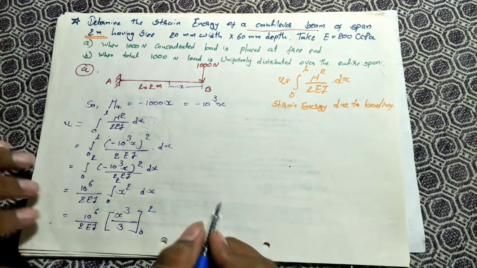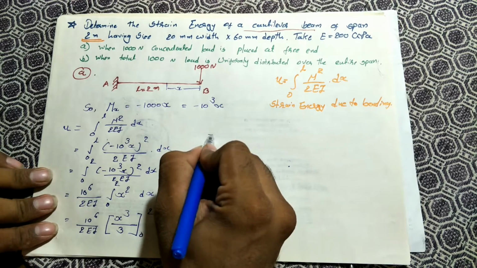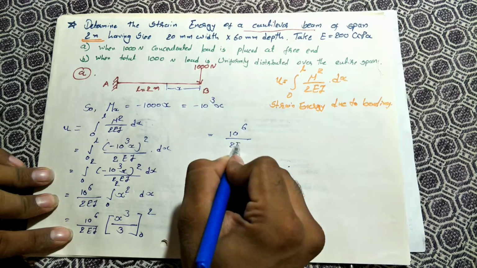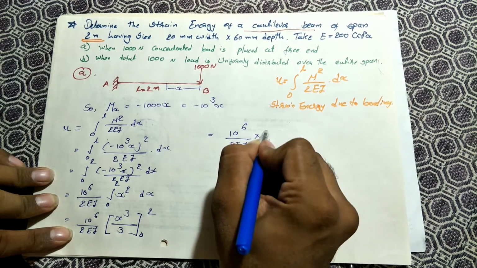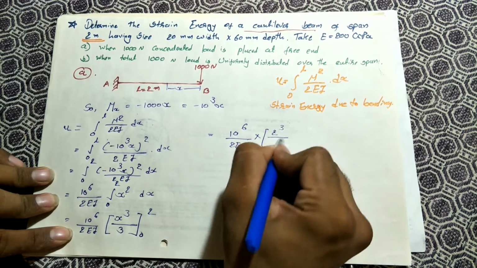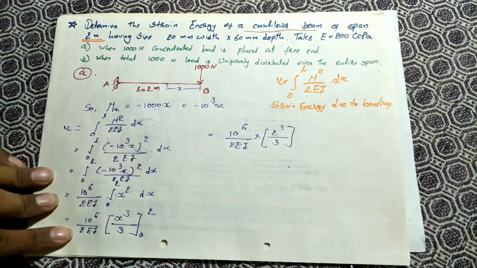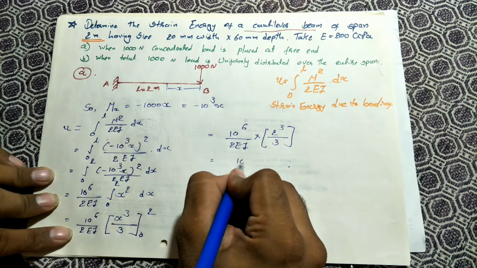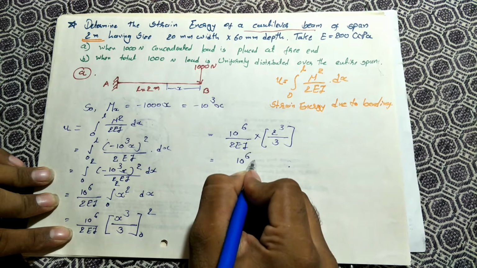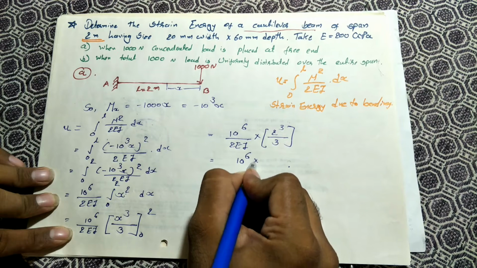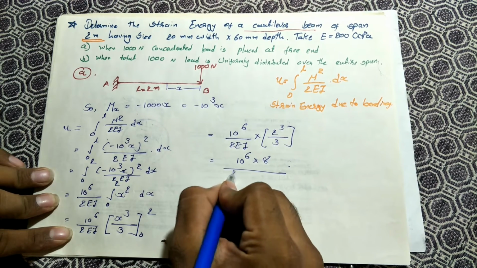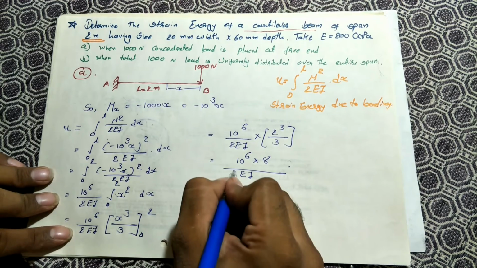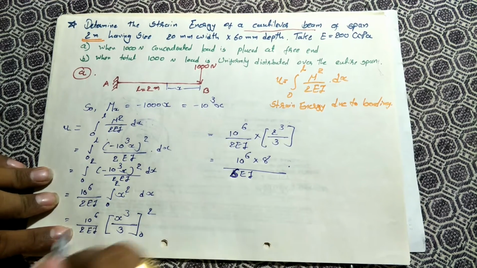We put the value of limits, then it is 10 raised to 6 divided by 2 EI into 2 cube divided by 3. 0 cube is equal to 0, so this value is 10 raised to 6 into 8 divided by, sorry, it's 6 EI.